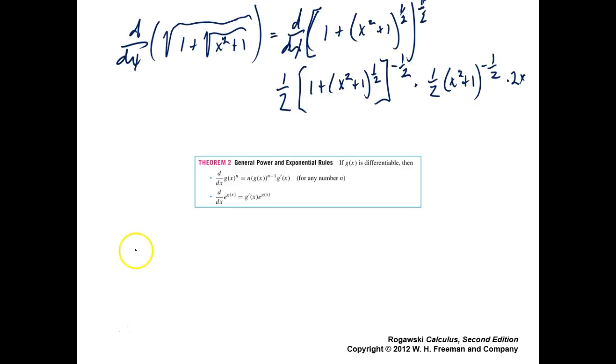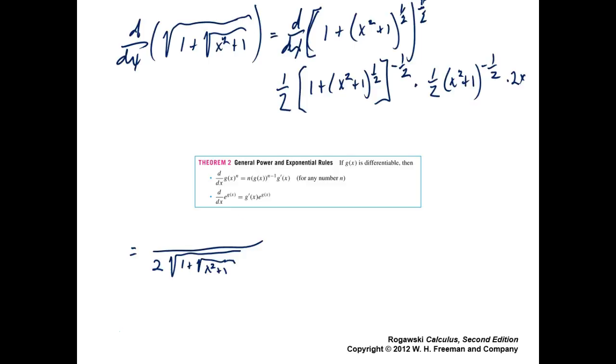Now, to get things where they belong. In this very first part, everything's in the denominator. The 2 is in the denominator, and this is in the denominator. So I'm going to write this, starting my denominator, with a 2 here, and then this is a square root, because it's to the minus 1/2, it's downstairs: 1 plus the square root of x squared plus 1.